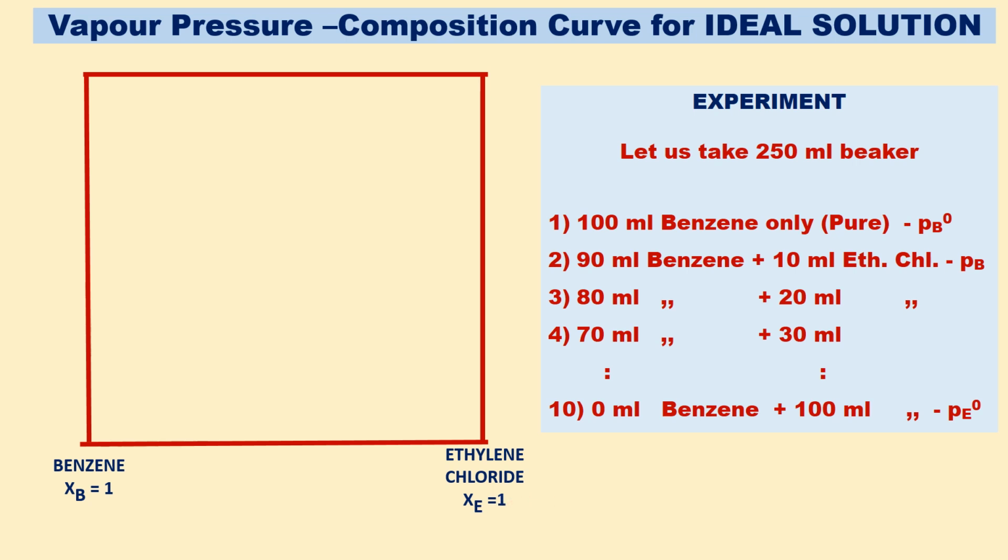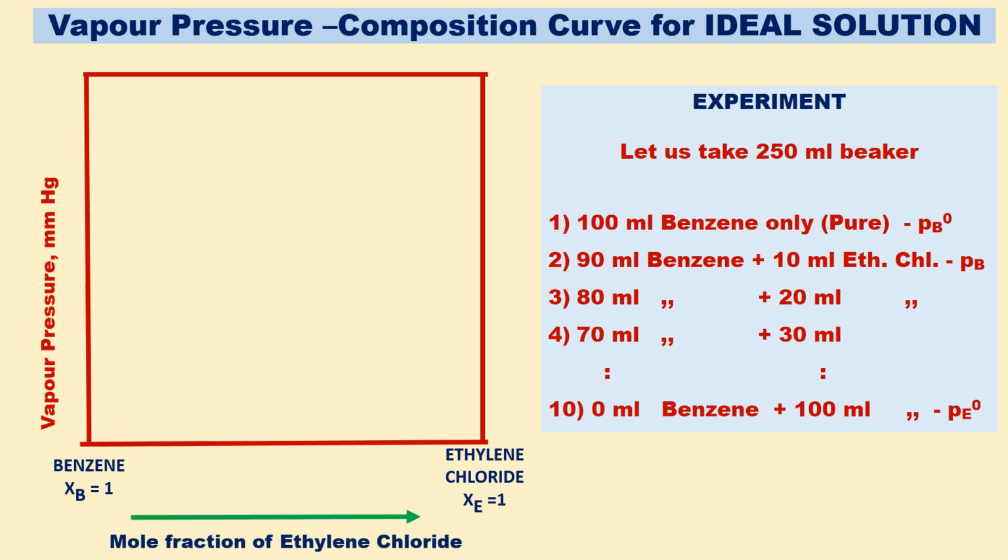Now let us plot this. Take vapor pressure on the y-axis and the increasing mole fraction of ethylene chloride on the x-axis. Now let us plot the data.